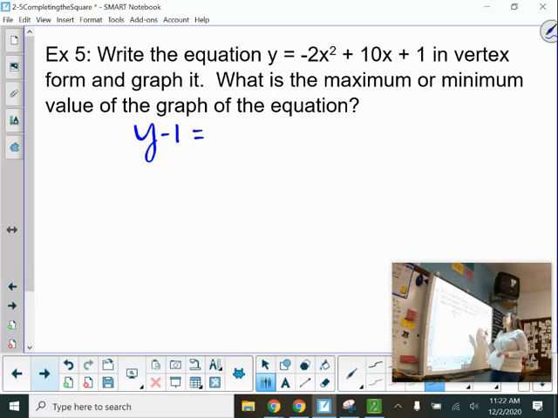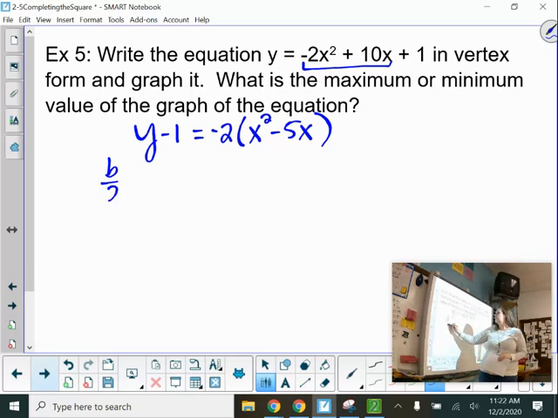We can't divide to get rid of that, so I'm actually going to factor out, and that is going to come into play whenever we add our b/2 squared term to both sides. So I'm going to factor a -2 out of both of those terms. That's going to leave me with x squared minus 5x. Notice here, if I were to redistribute the -2, I would get what I underlined in blue up in the original question.